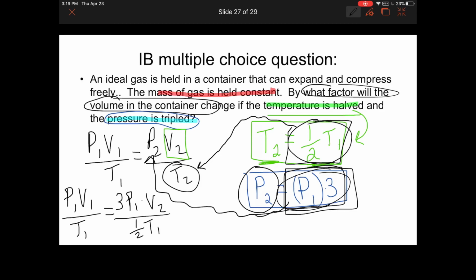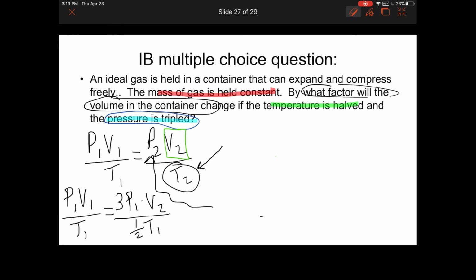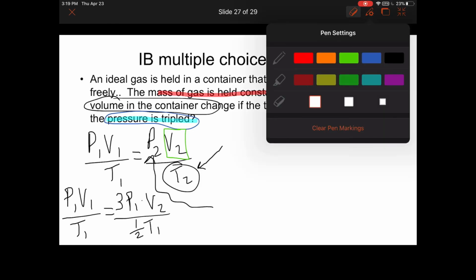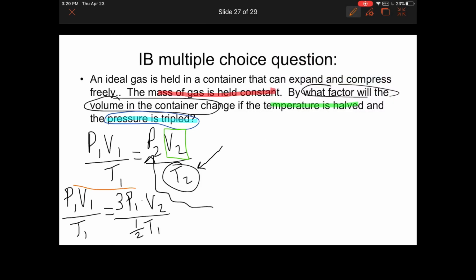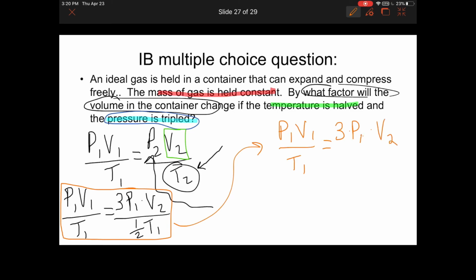Pause the video if you haven't copied this down, because I'm just going to erase the right half of my screen here. So taking this, let's simplify this now. I'm saying that P1 times V1 divided by T1 is equal to triple my first pressure times the new volume divided by 1/2 T1, half the first temperature.